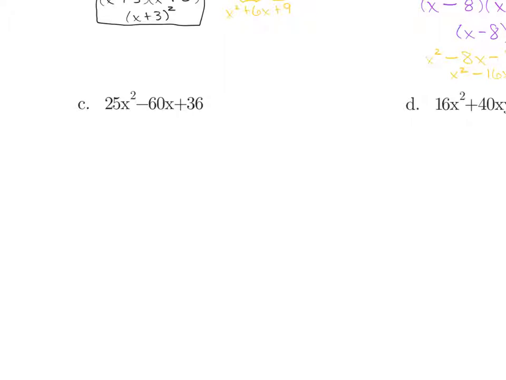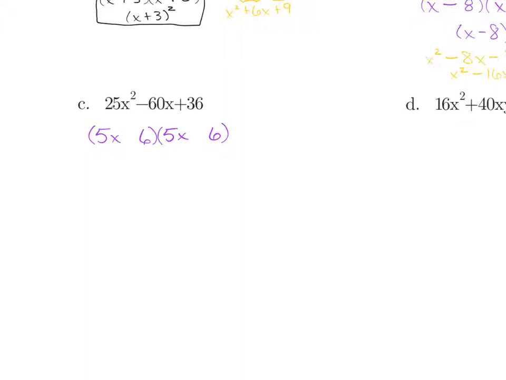So let's see what we can go ahead and do. What times itself is equal to 25? We should get 5 and 5. Both of these will have x's. For the 36, in order to multiply to 36, what times itself equals 36? We should get 6 and 6.